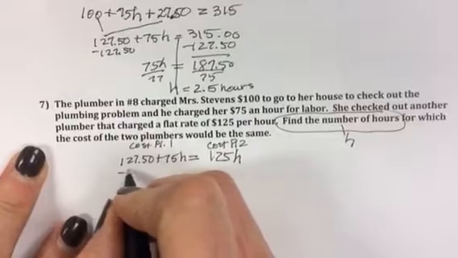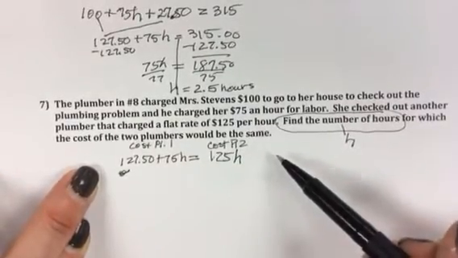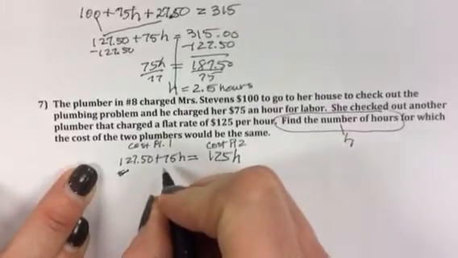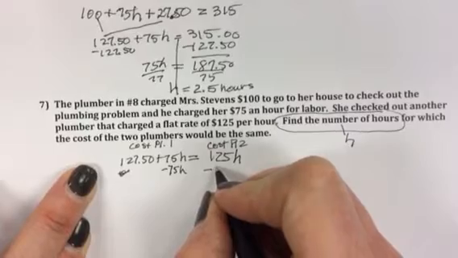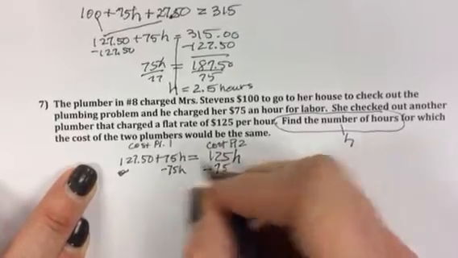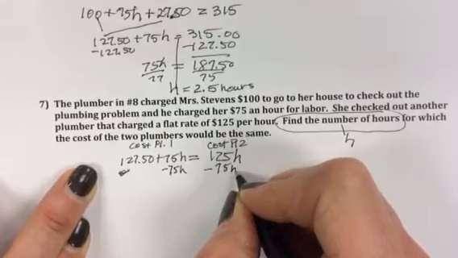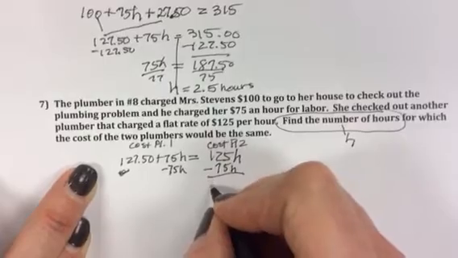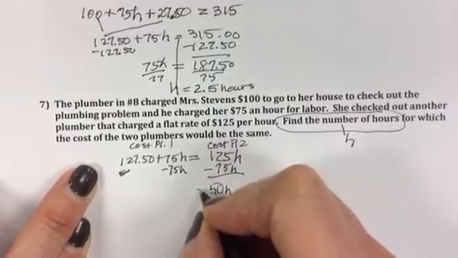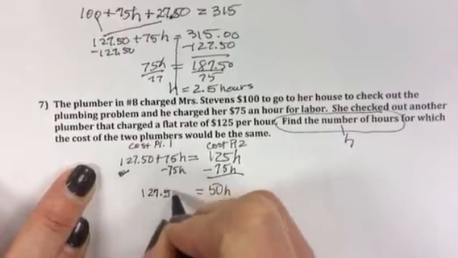So if I subtract, nope, don't want to subtract 127.50 because there's no constant over here. I want to subtract the hours. I'm going to get the hours on one side and the constant on the other. So I'm going to leave that one here. And I like to subtract off the smaller of the two, so I'm working with a positive. So 125 minus 75 is 50H. And then it's 127.50.